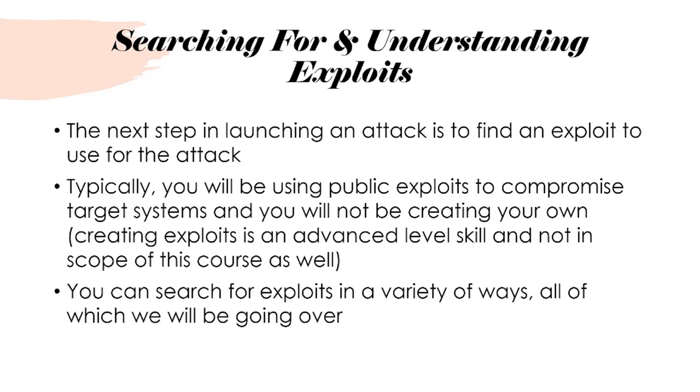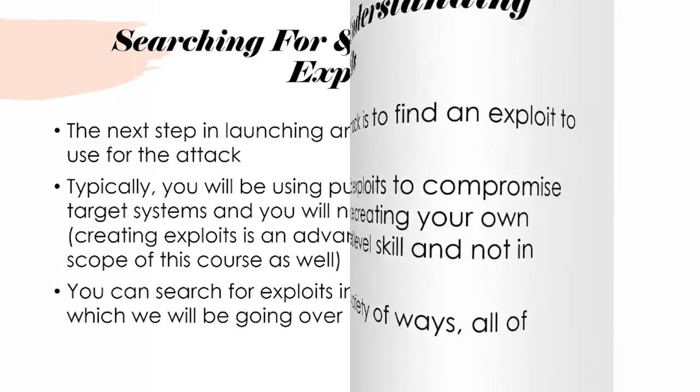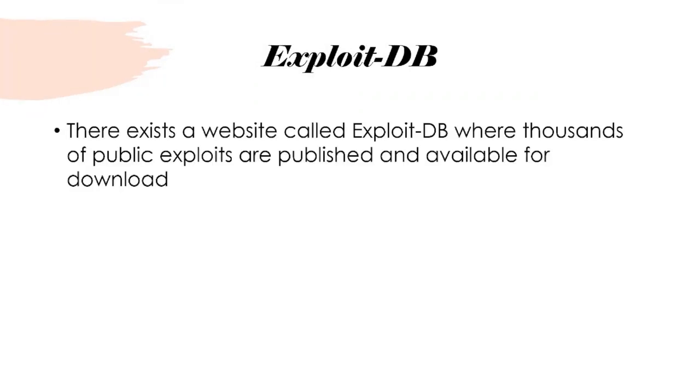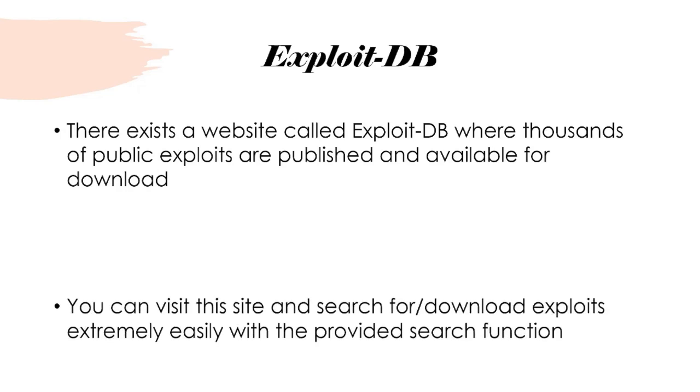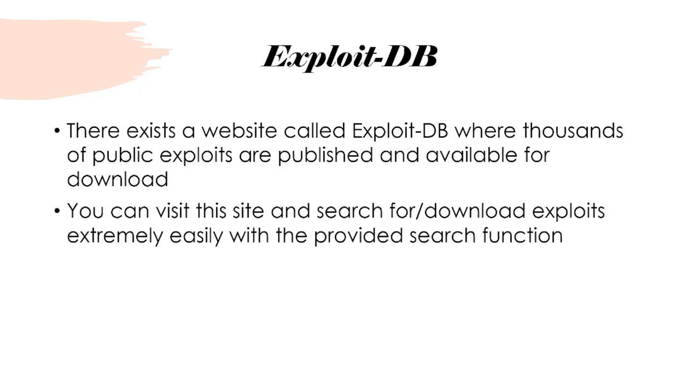And you can search for these exploits in a variety of ways, and we're going to go over each one of these. So the first is Exploit DB. This is pretty much a website with literally thousands of public exploits, and you can download all of them. You can visit the site and search for the exploits that you want pretty easily with the search function they give you, just a little search bar at the top of the page.